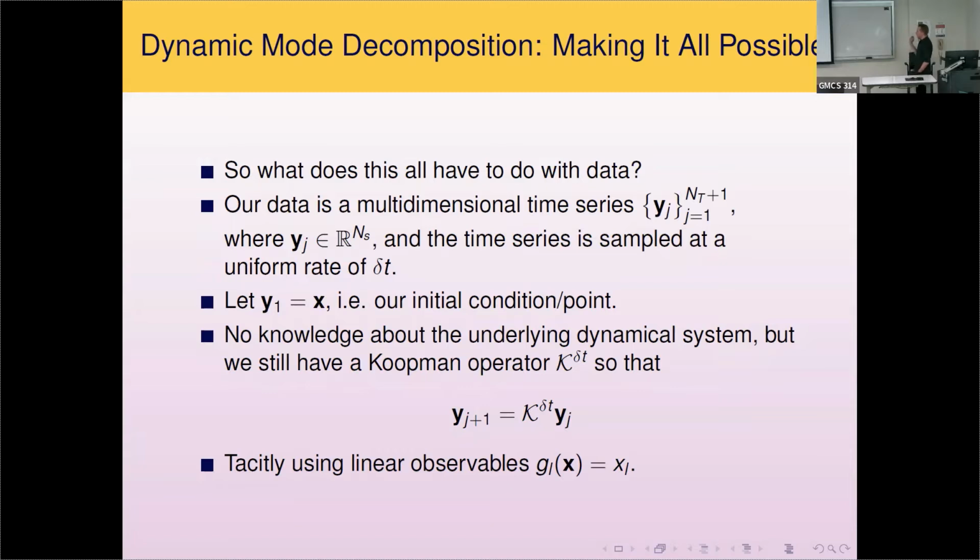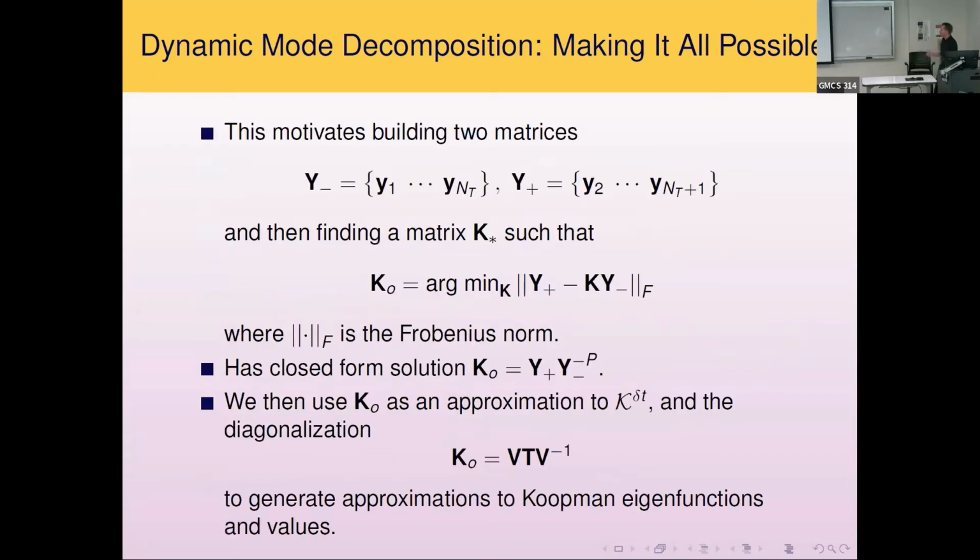And once I have that fundamental identity in mind, I can take my time series, split it up into two pieces, a step back, a step forward, and then say, okay, if I'm really interested in linear operators, then let me just find some linear operator, in this case a matrix, that gets me from a step back to a step forward, right? So at the end of the day, you reduce everything down to a pretty straightforward regression problem. And this regression problem is so nice it has a closed form solution for the matrix K that's your optimizer.